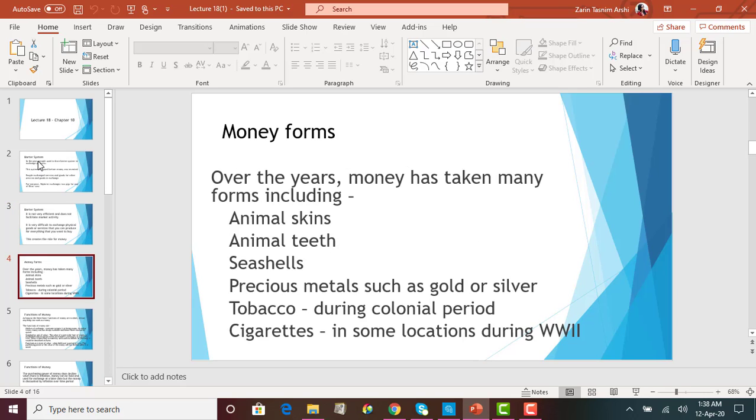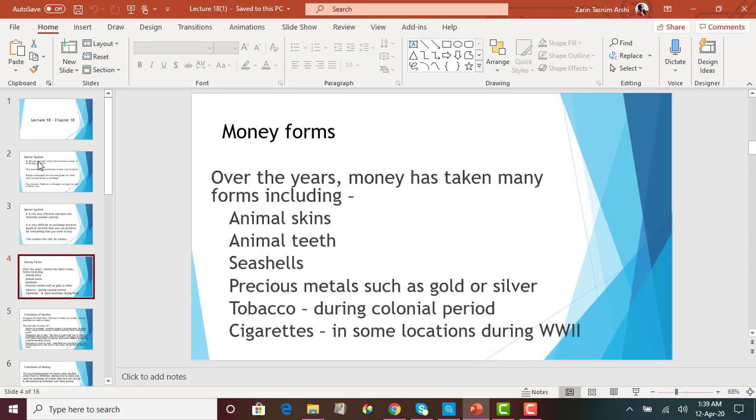In the past, before paper money and coin money came into our economy, a lot of different things were used as money. Some of the examples are given in the slide, like animal skins, like crocodile skin or deer skin, and then animal teeth and seashells were also used as money.